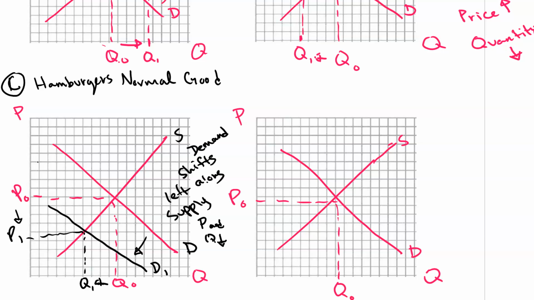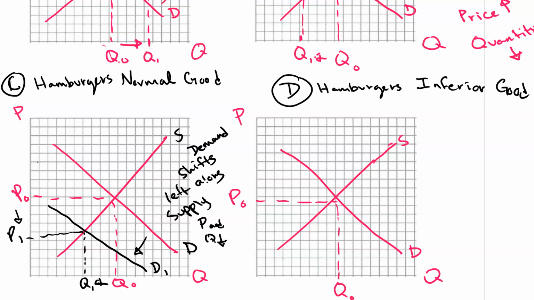All right, and then D says, well, what if you make less and it's an inferior good? Well, so if hamburgers are an inferior good and you're making less money, you buy more of an inferior good when you make less. So since we're making less money, we're going to buy more hamburgers if hamburgers are an inferior good, something we buy more of when we have less money.